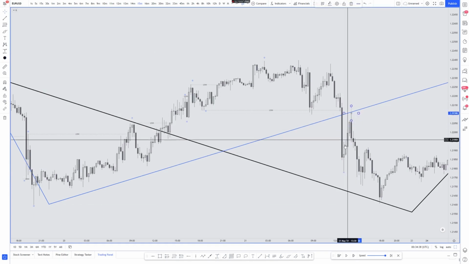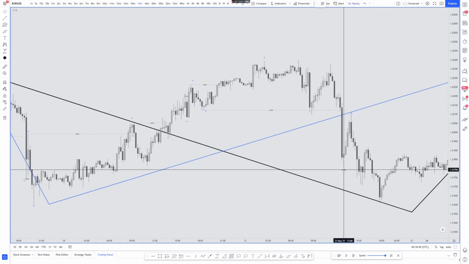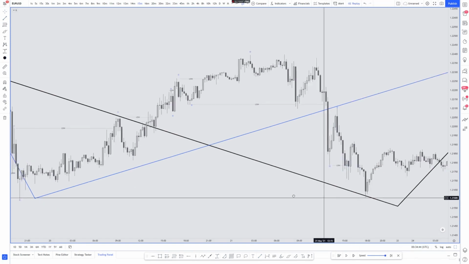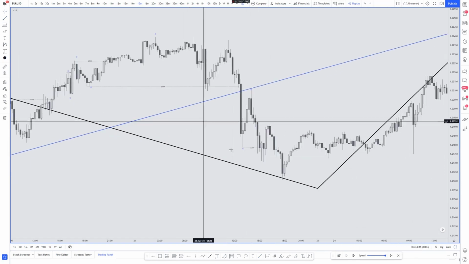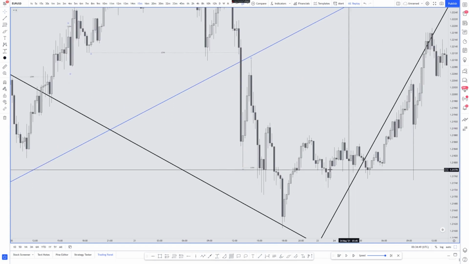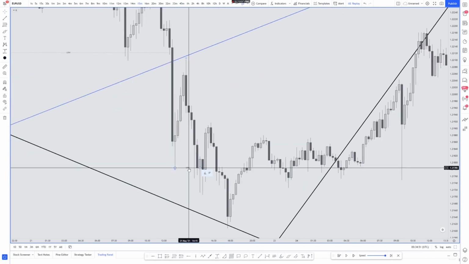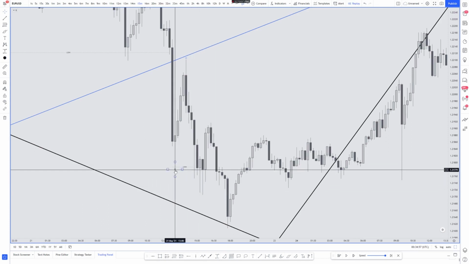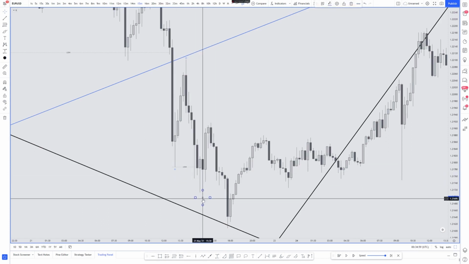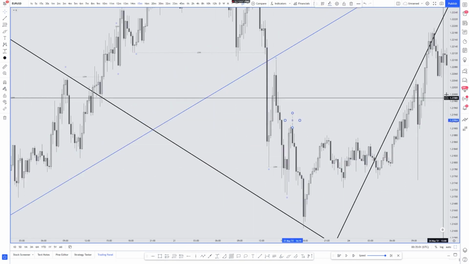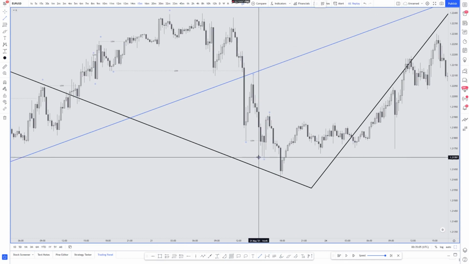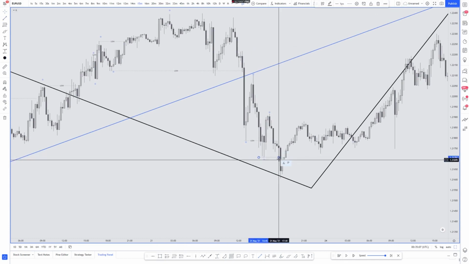We have a bit of a pullback here. So if we zoom in here, this wick did actually get taken. So this is actually new structure. We did get enough of a pullback here. And this is one of those prime examples of sometimes you get too much structure.